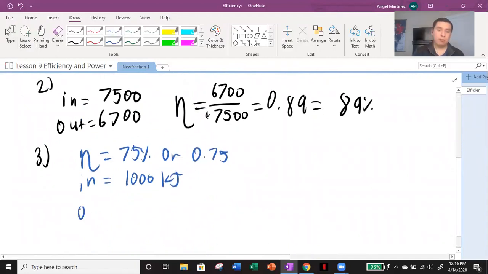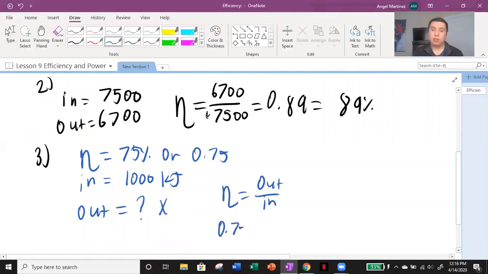We don't know what out is, so let's say that's X. Using the efficiency equation, 0.75 equals X divided by 1,000.